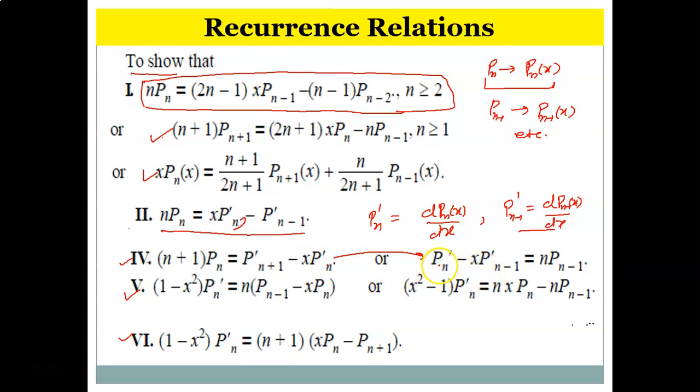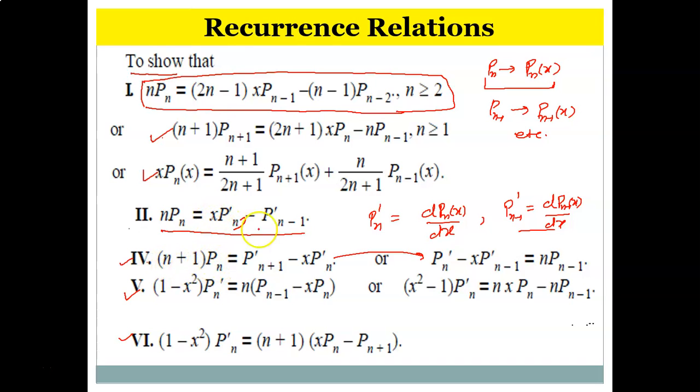So either prove this or prove this, it is a similar situation. How do we do that? Here you can see x Pn dash and Pn plus 1 dash are there. In the second expression you can see x Pn dash is there, and x Pn dash has its relationship with n Pn.